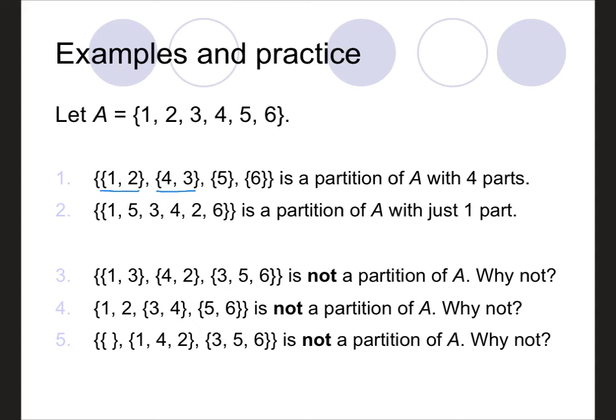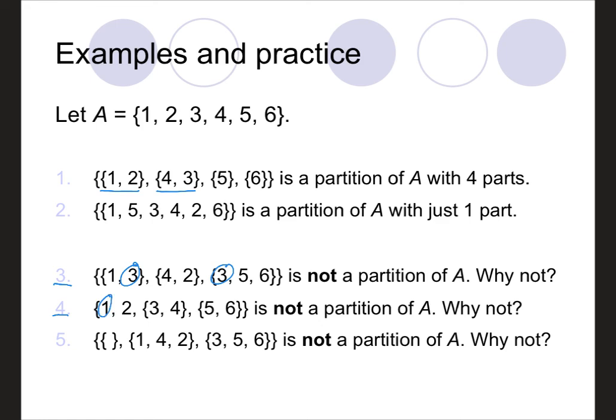If you look down and say number 3 here, and you want to see why that's not a partition, well, you'll notice that the 3 appears twice, so the intersection between the first subset and the third subset would not be the empty set, and so forth. Number 4 here, notice that this 1 here is not the set containing 1, but just the element 1.